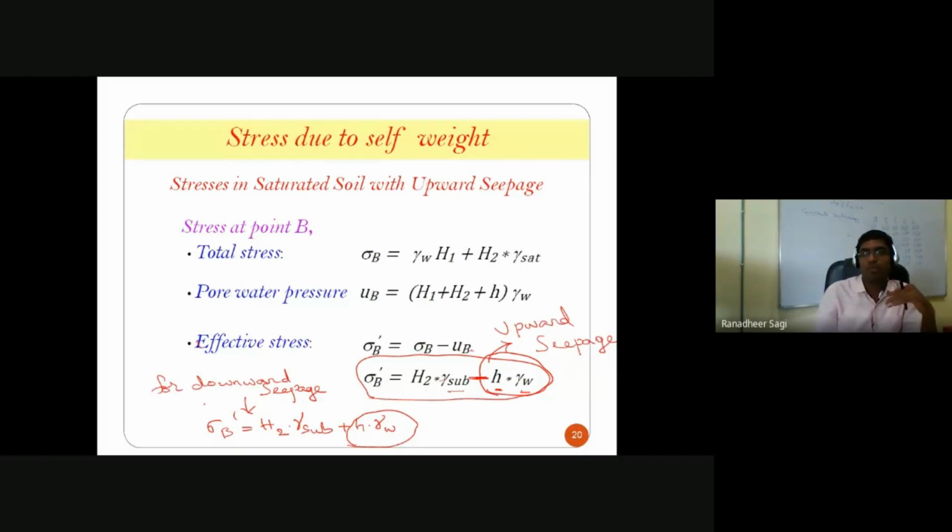And after some point of time, because of this continuous phenomenon, we'll see that particles are no longer stable in their position in the soil sample where the water is entering in the upward direction. So water will slowly start carrying away the solid particles also through the interconnected void path.